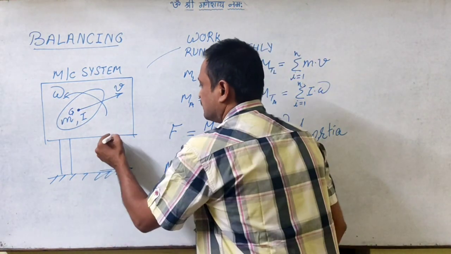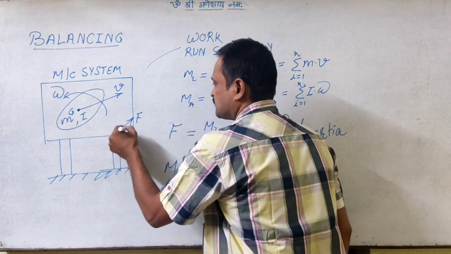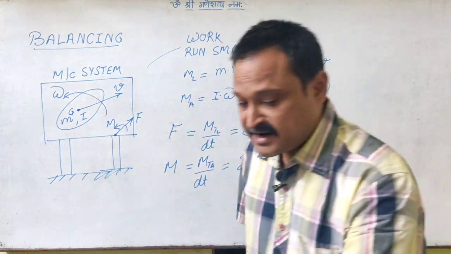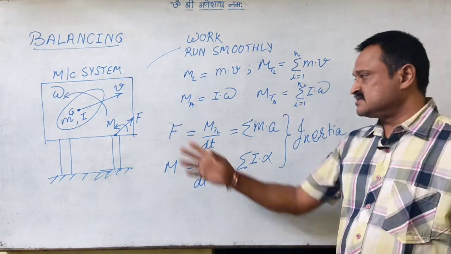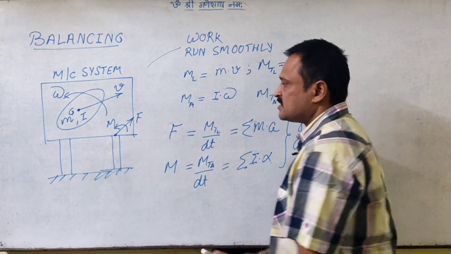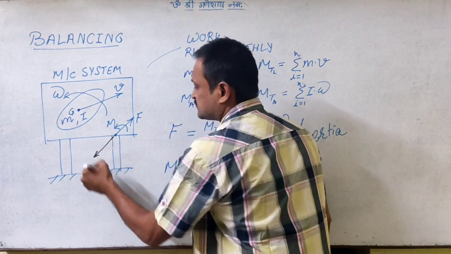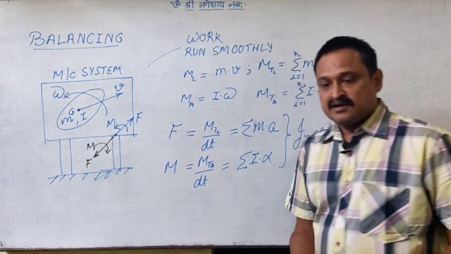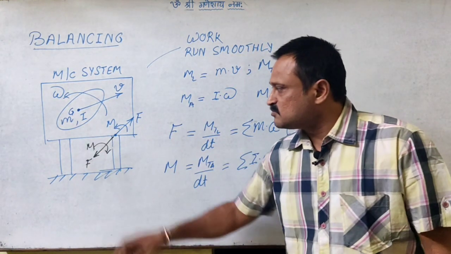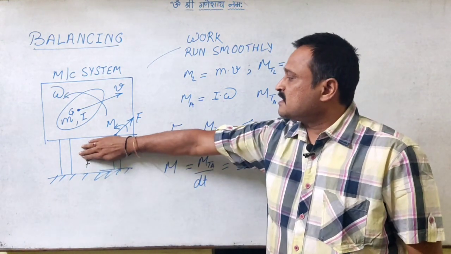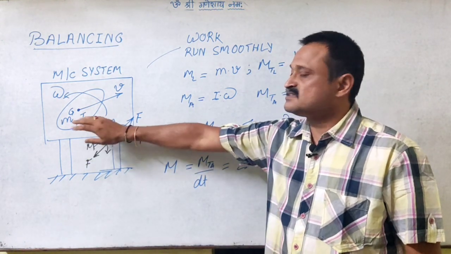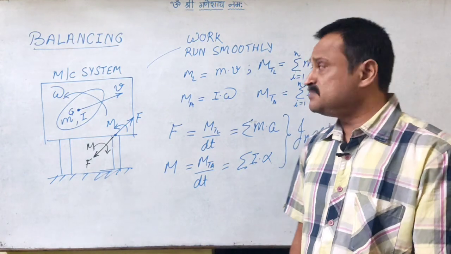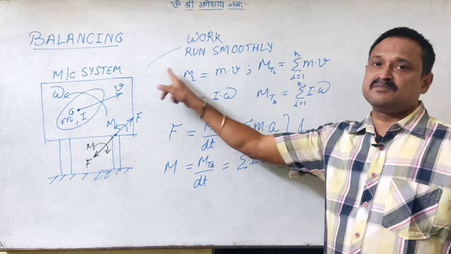If I want to nullify or neutralize this, I need to introduce a force of the same magnitude in the system, but of opposite nature to it, as well as the moment. That means if I am not providing this, the system is going to be in a state of unbalance, and a lot of vibrations will be there, and as I've said, the system will not be running smoothly.